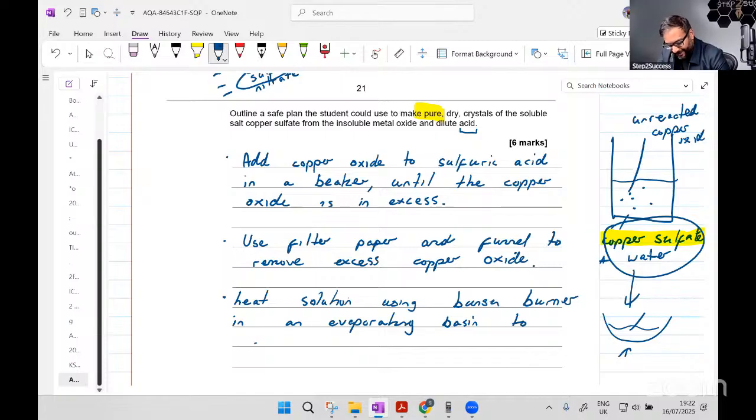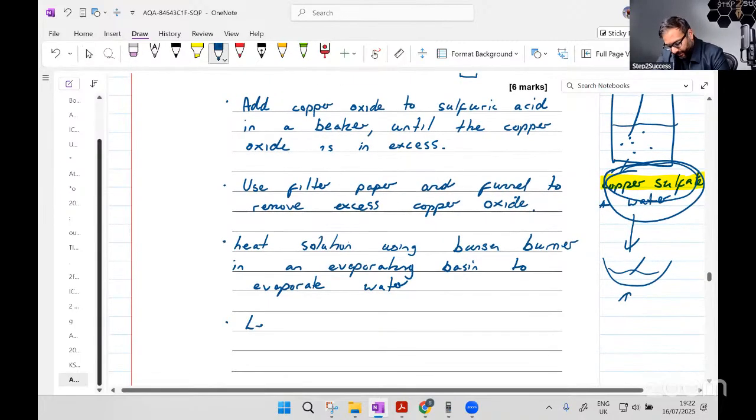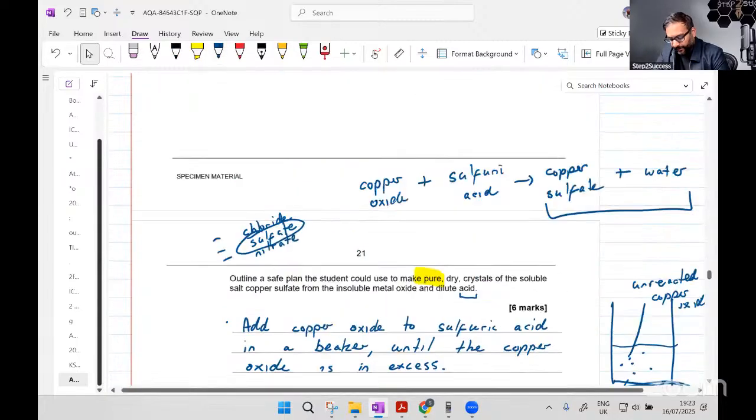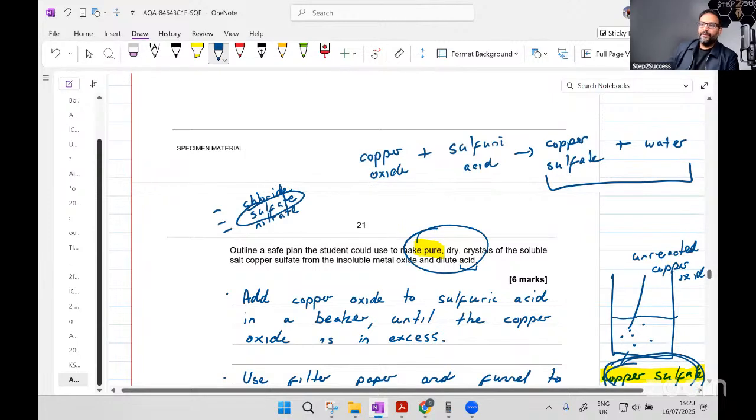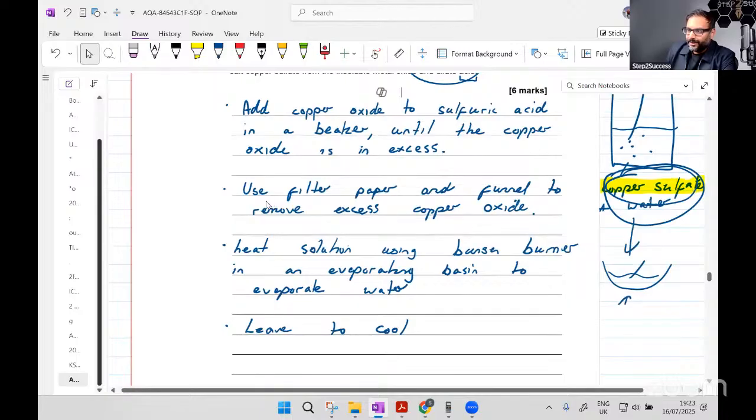And what that does is it evaporates the water. And what's left behind then? Just the copper sulfate. And all you do is you leave the copper sulfate to cool, and you will end up with pure dry crystals of copper sulfate. That is how you would go about doing that.